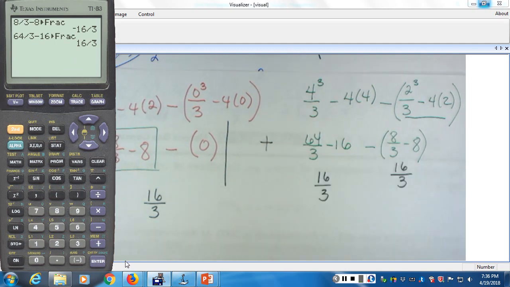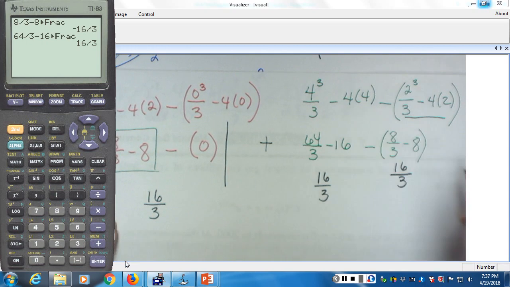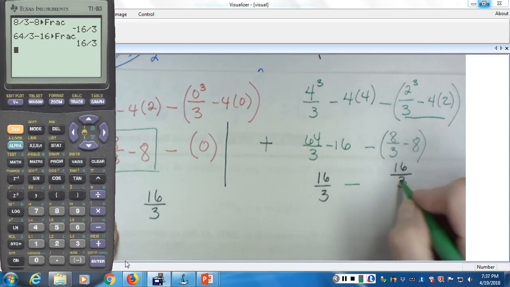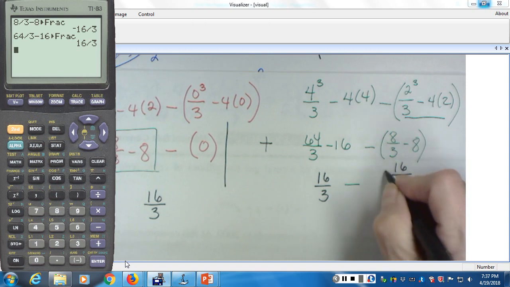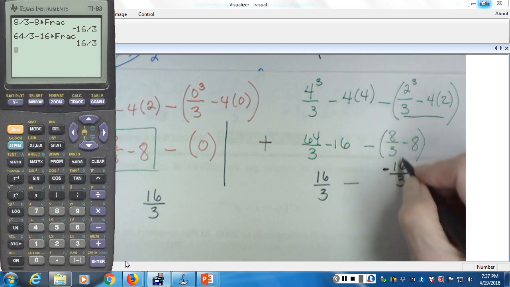And since we're subtracting 16/3 minus 16/3, and again, let's see, that was negative because of this. That's actually the value of this. So we're subtracting a negative.